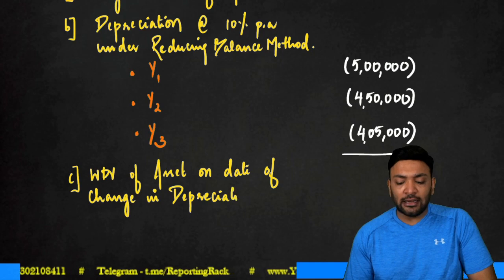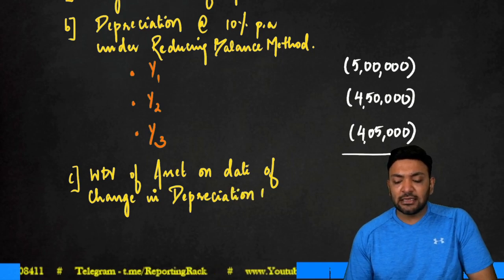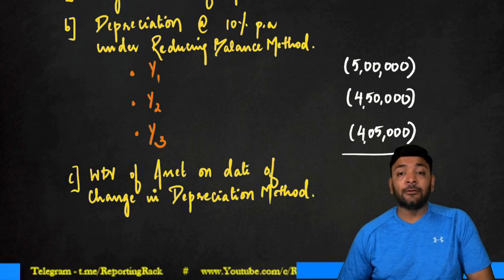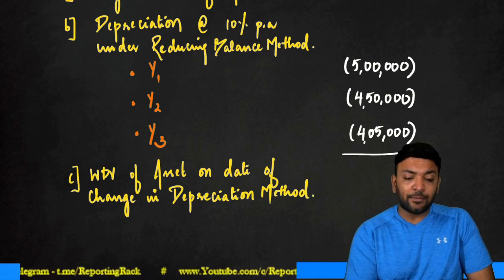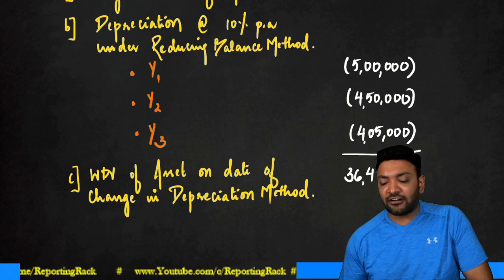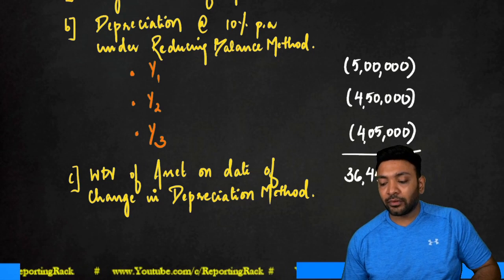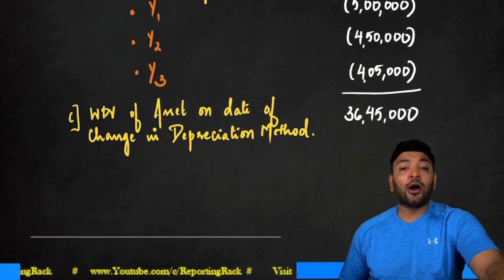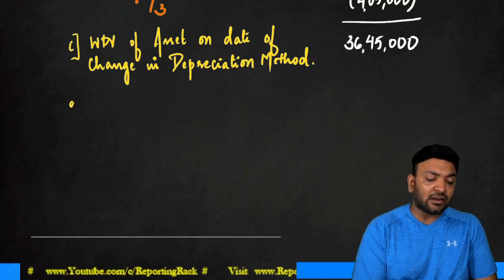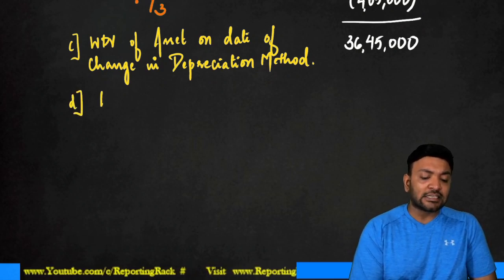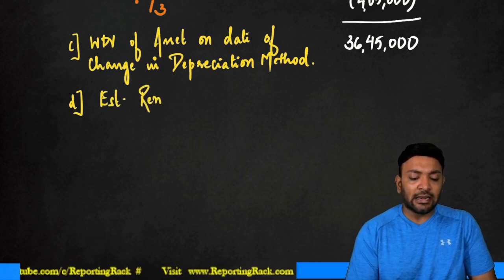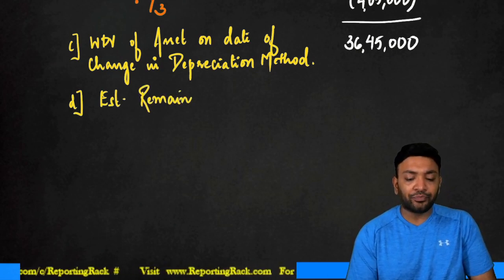Until then, he was following reducing balance. Subsequently, he is adopting a straight line method. So, what is the value of the asset? The written down value of the asset is 36,45,000. Now, I'll have to adopt a straight line method after this. To apply a straight line method, I should know the estimated useful life or estimated remaining useful life.